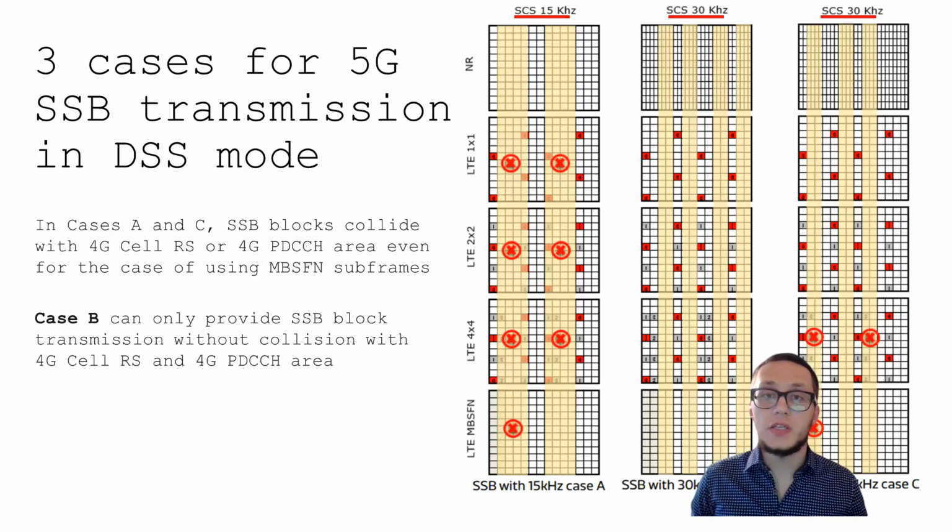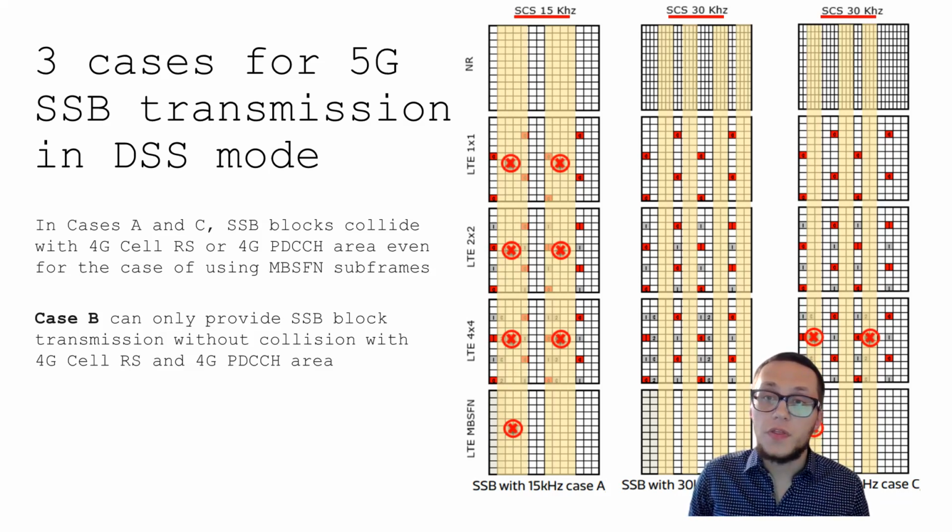Here is another example. There are 3 cases for SSB block transmission. We've already discussed the first one, when we try to transmit the SSB block with 15 kHz subcarrier spacing. Of course, it will be impossible, because in this case the SSB block will collide with cell reference signals, as I said.